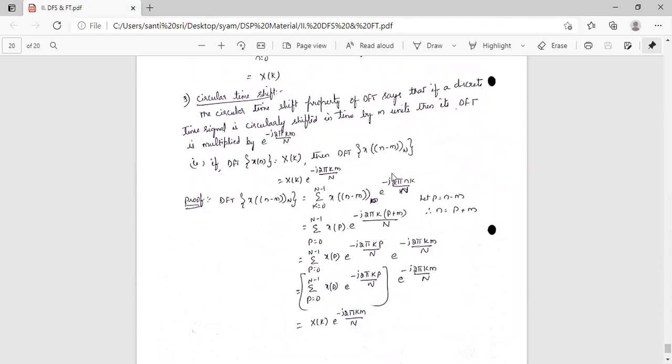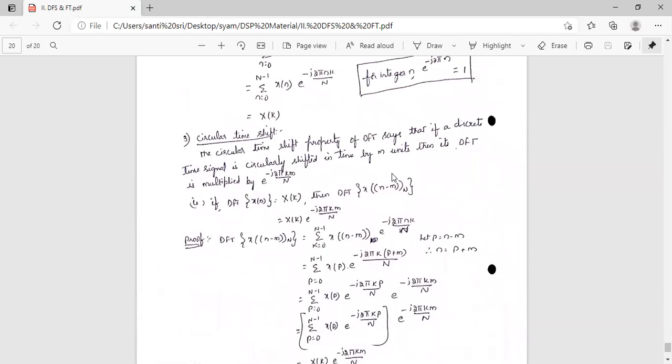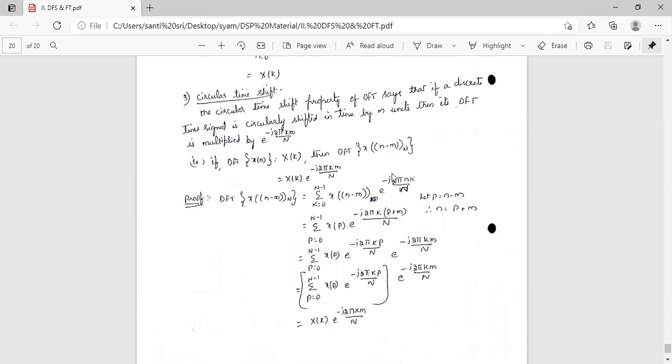The circular time shift property of DFT says that if a discrete time signal is circularly shifted in time by m units, then its DFT is multiplied by e power minus j 2 pi k m by N. So the statement of the circular time shift is defined like this.